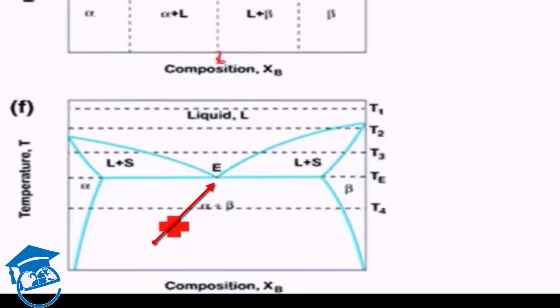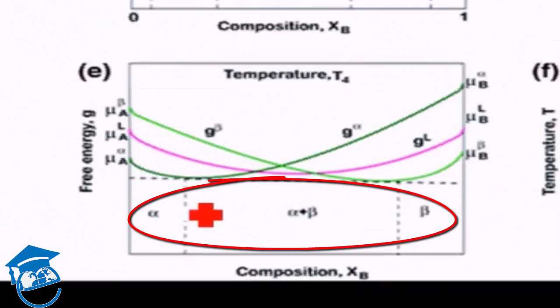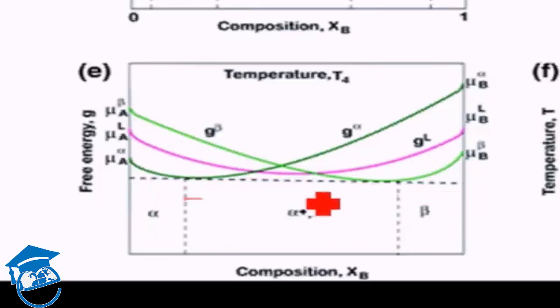Finally, at any temperature below the eutectic temperature, we'll have stable beta, stable alpha, and stable alpha plus beta. Nowhere does liquid have minimum free energy, independently or in combination, at this temperature. Let's plot that.